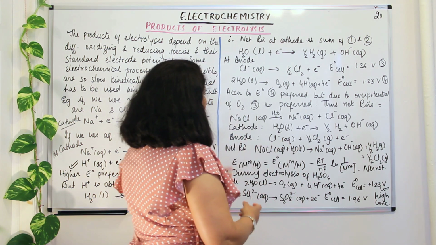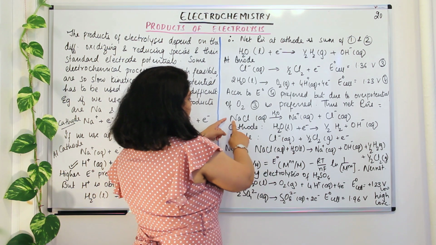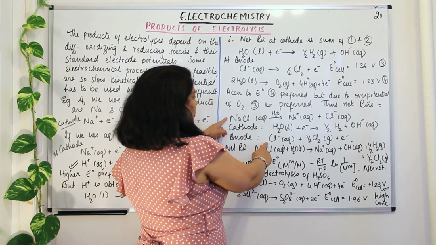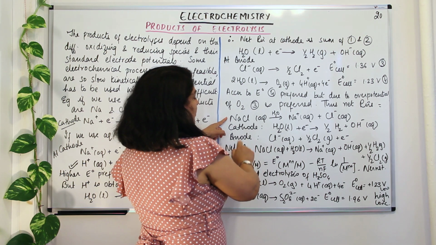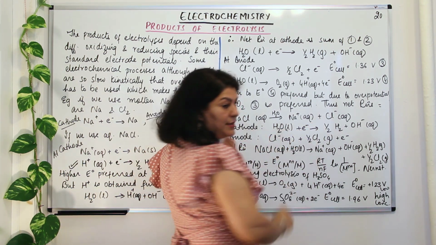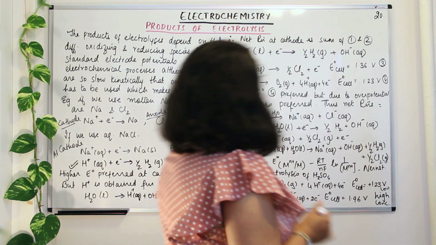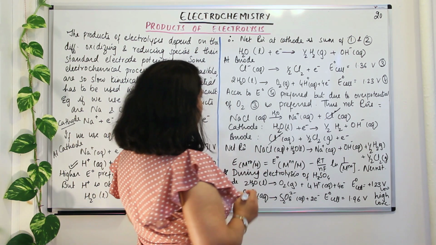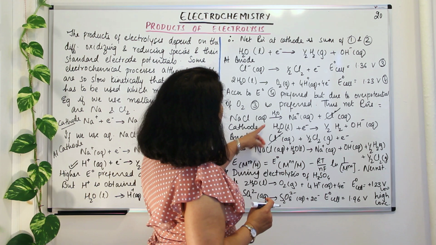So the net reaction would be the sum of all of these reactions. When you sum all of these up, what do you have on the reactant side? You have sodium chloride, you have water, and you have chloride ions. The chloride ion here and chloride ions there get cancelled out, because one is in the reactant and the other is in the product, right?